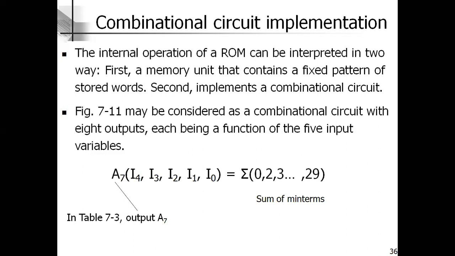So the internal operation of a ROM can be interpreted in two ways. The first one is a fixed pattern of stored words, and the second one is you have to implement it by using a combinational circuit. We have already discussed how to consider it as a combinational circuit in previous days.